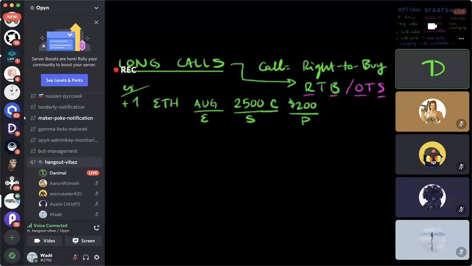So if you are doing a full-size Ethereum contract, this is all hypothetical, these are the three key components of this option contract for a long call. If you were looking at a chart, you could visualize this as roughly a green line at 2,500.